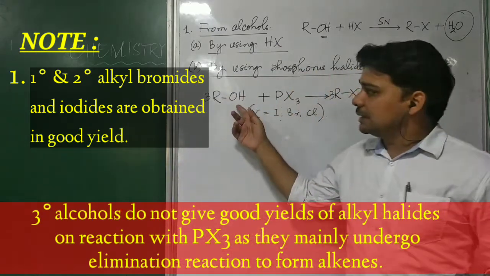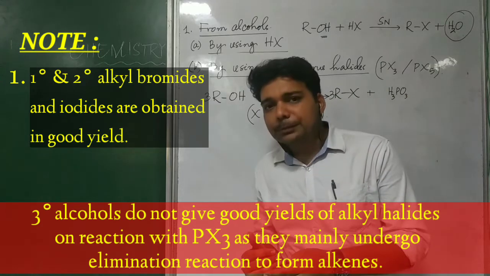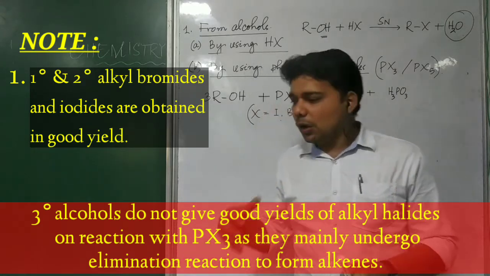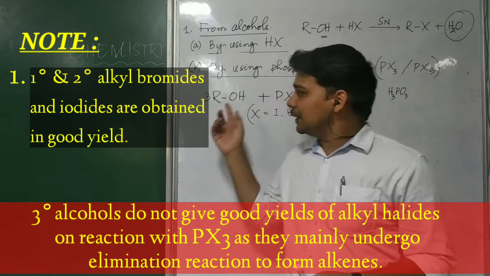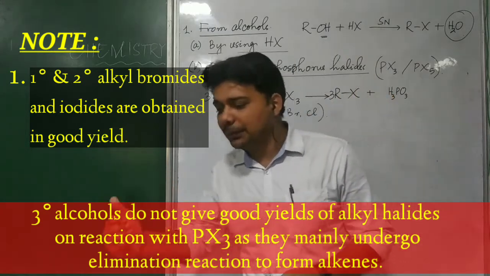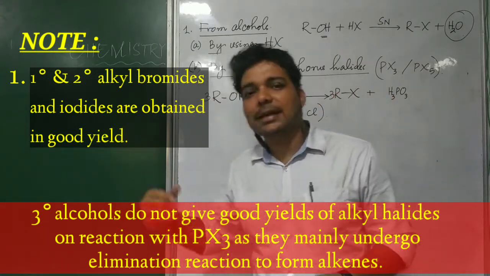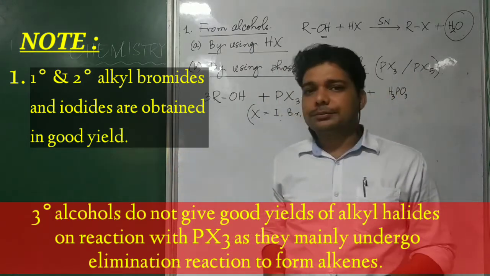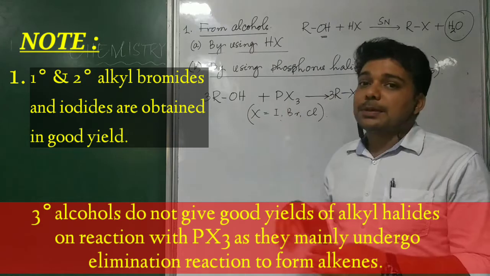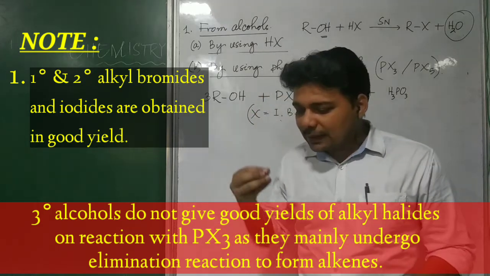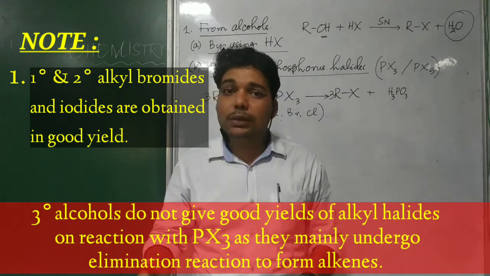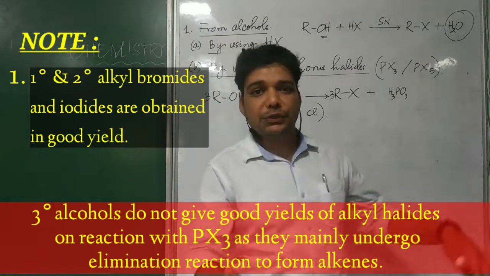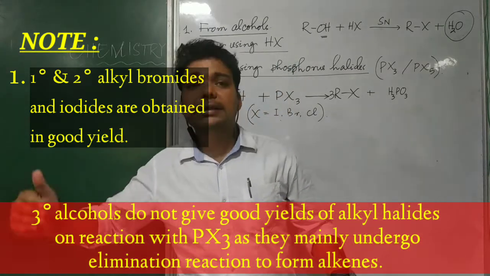If I need to obtain a primary or secondary alkyl halide, then I need to consider the corresponding primary or secondary alcohol. Whenever I use a tertiary alcohol with phosphorus halide, generally tertiary alcohols undergo elimination instead of nucleophilic substitution.